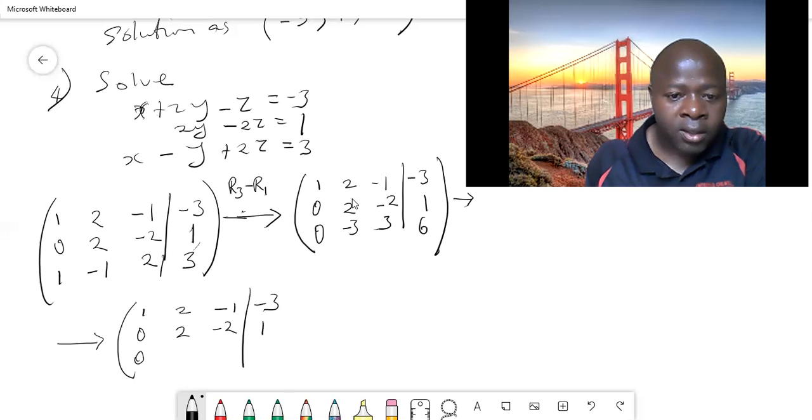This one by 3/2 added to this gets a 0. This one by 3/2 added to this gets 7.5.